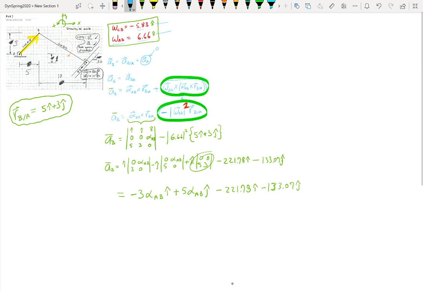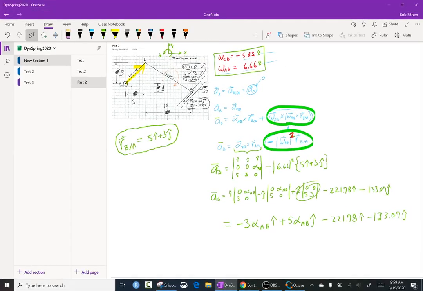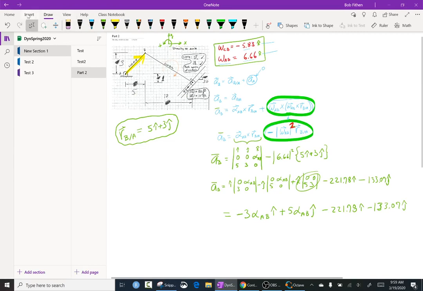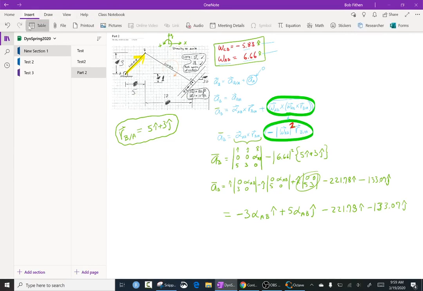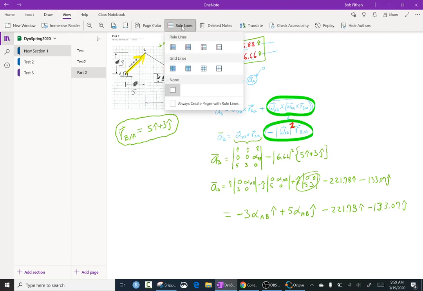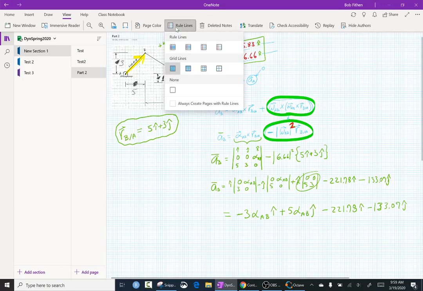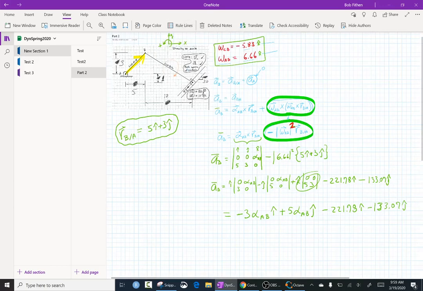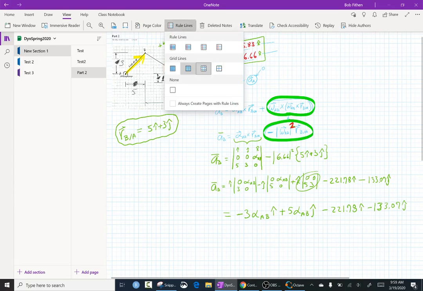Let's see. I believe, if I'm not mistaken, there's a way of drawing a background grid. Too many. Can I go even less?